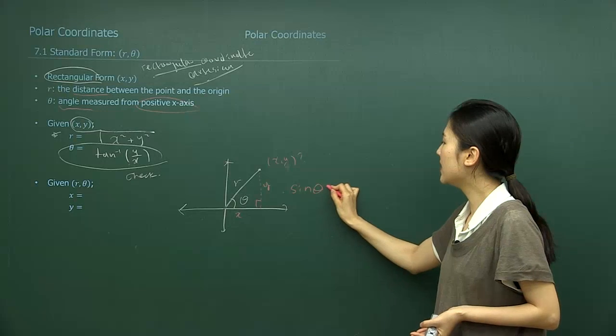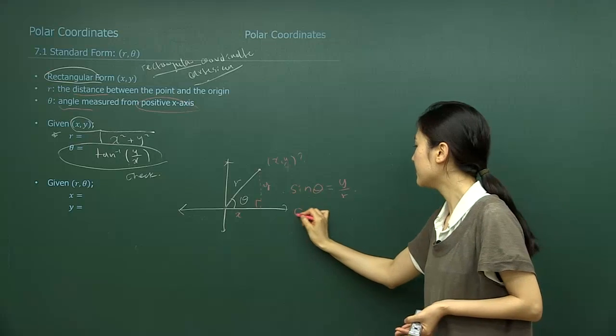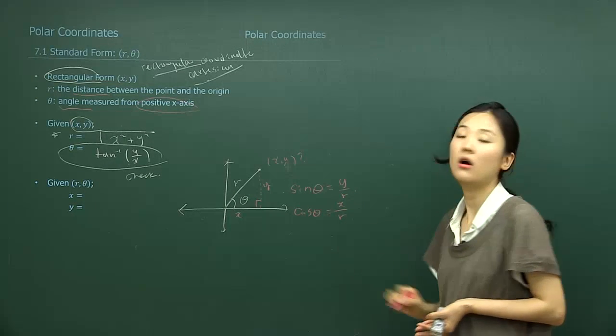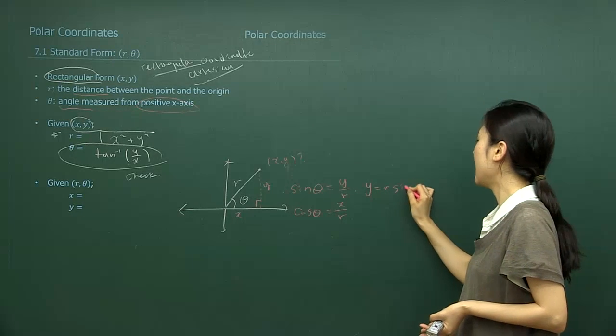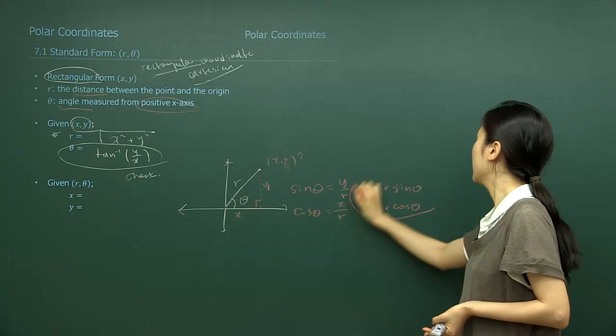Hence, sine of the angle will equal y over r. Cosine of the angle will equal x over r. So your y equals r sine theta, and your x equals r cosine theta.